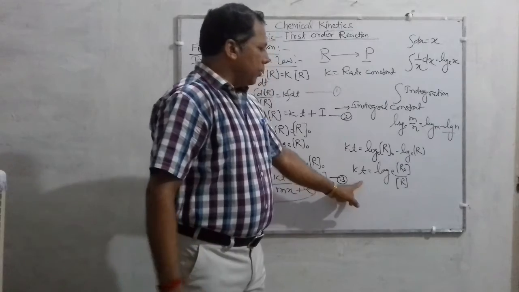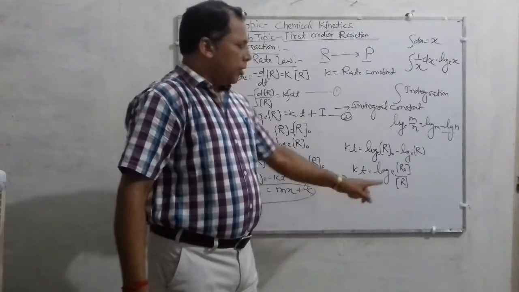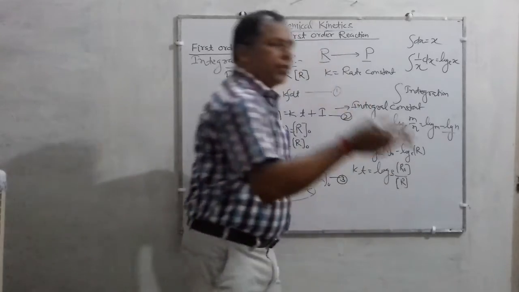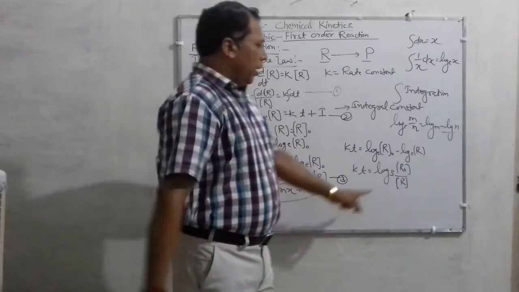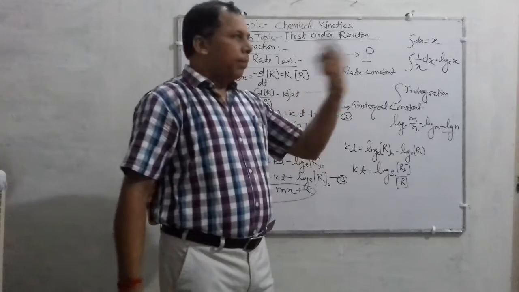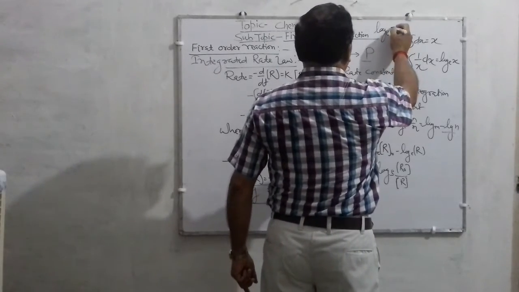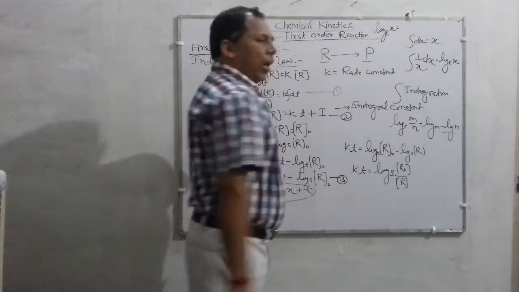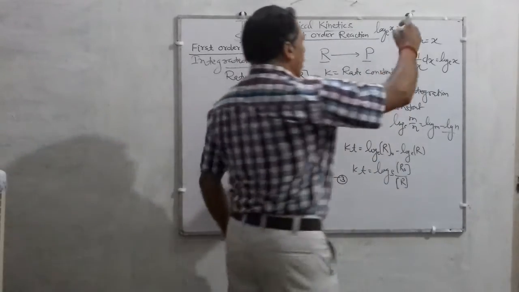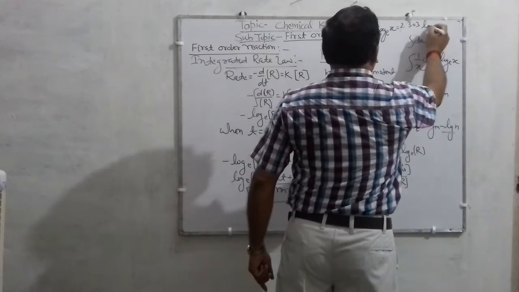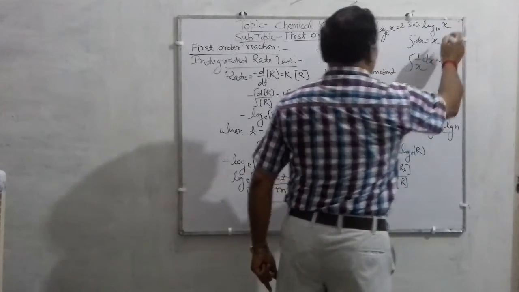And in this expression, children, change base e to base 10. Very important point. You have to change base e to base 10. If log e x is given, we have to change it into base 10, and that is written as 2.303 into log 10 x.